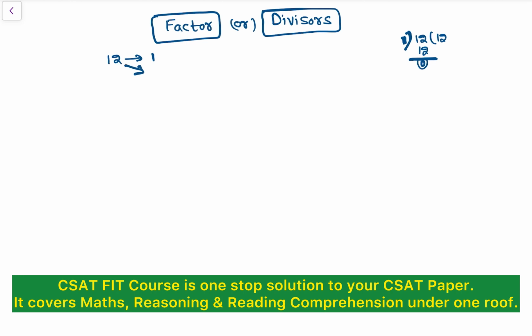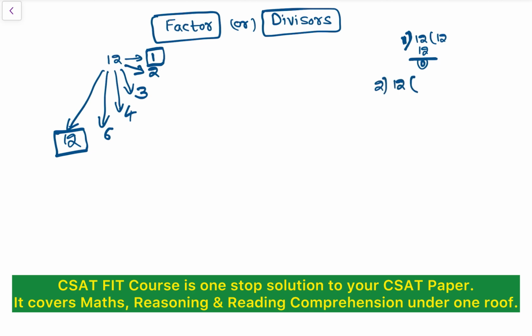So for 12, 1 is a factor and 2 is also a factor and 3 is also a factor and 4 is also a factor and 6 is also a factor and 12 is also a factor. So 1 is a factor of every number and the number itself is also a factor of every number. Similarly 2 12s, 2 6s are 12, remainder is 0.